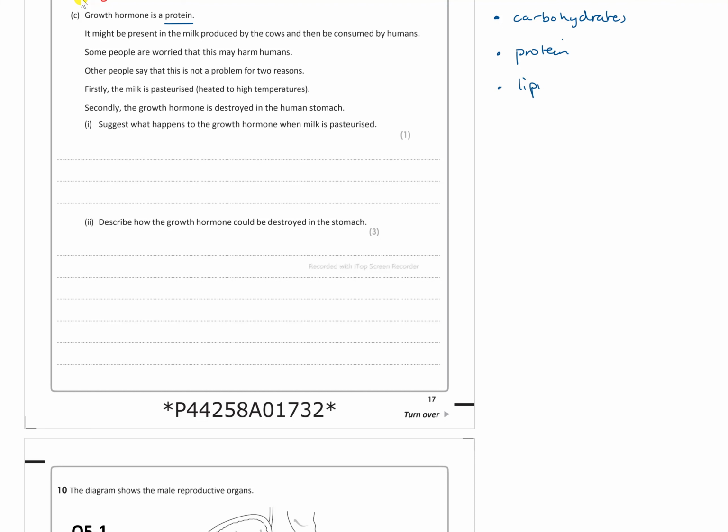Carbohydrates, what can we say about those? Starchy foods, like for example potato, flour. They break down into, so for example, you've got starch, you've got glucose.